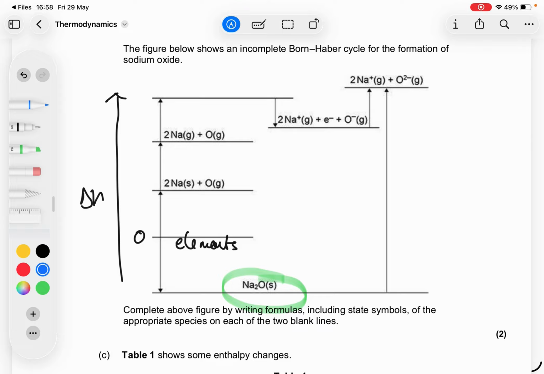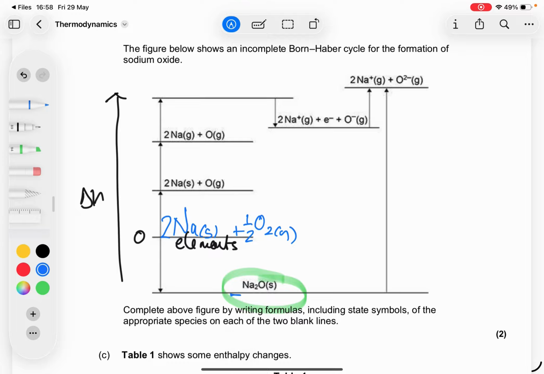That means that starts with Na solid and oxygen gas. You need 2 Na and half oxygen gas because enthalpy of formation is the enthalpy change when 1 mole of a substance is formed from its constituent elements.